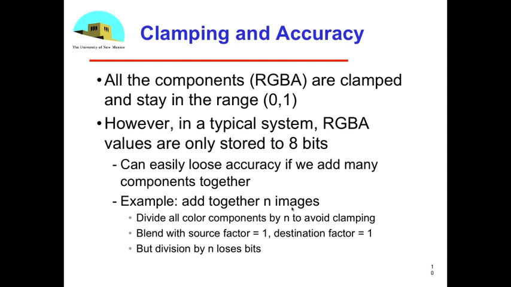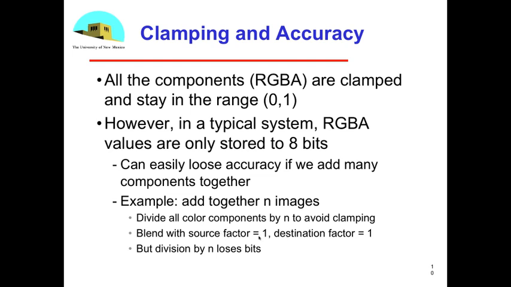So I've sort of taken care of the clamping problem by doing that, but the problem is when you start multiplying by 1 over n, and n starts getting large, you start losing all kinds of accuracy. So if you had, say, 256 images, as soon as you divide by 256, that's equivalent to a shift of 8 bits, and now you've completely lost your RGBA.